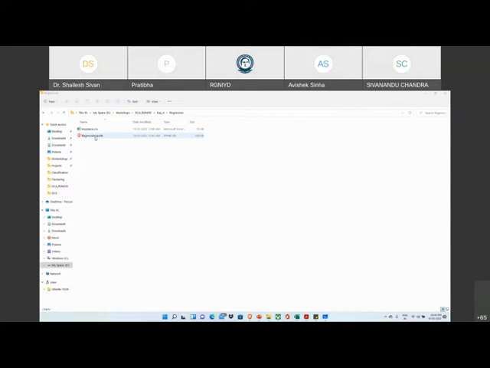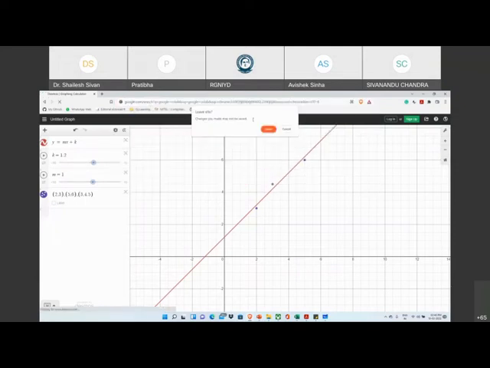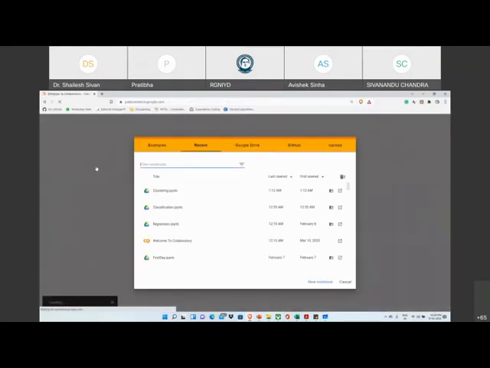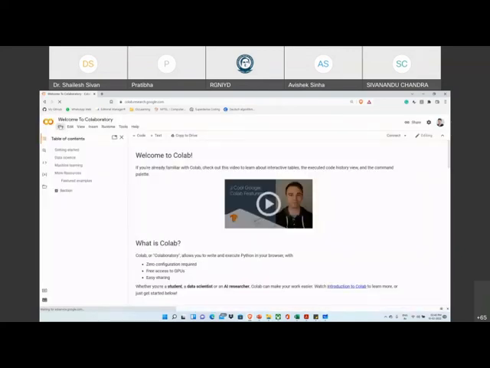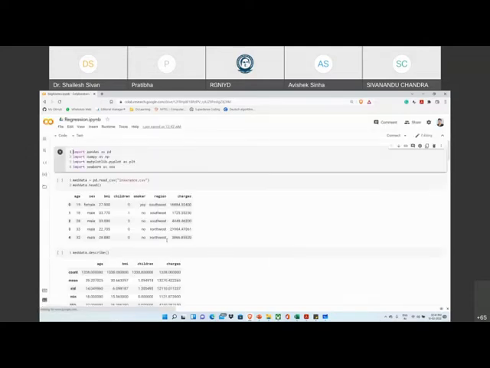So upload regression.ipynb to Google Colab, and after that you can upload the insurance.csv. Within Google Colab, using this upload option, you can upload it. In my case, it's already there, so I'm opening regression.ipynb. You can see a file like this.